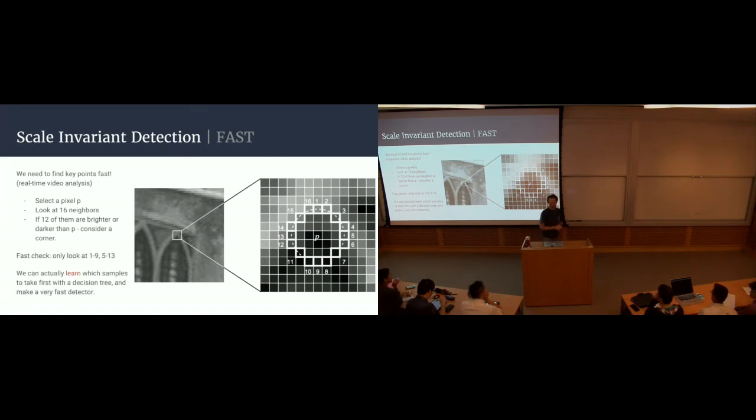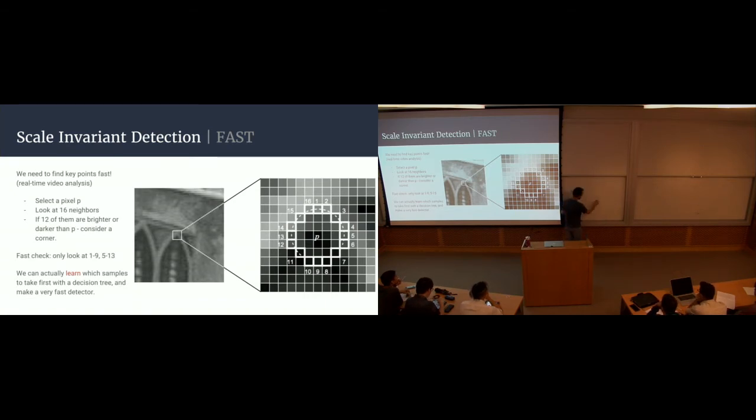Around it you have pixels that are a little brighter sometimes, a little darker sometimes. And each of them gives you sort of a decision. Is it over the threshold, or is it under the negative threshold? So you have your pixel value, and you want to see if it's over the pixel value plus the threshold, or under the pixel value minus the threshold.